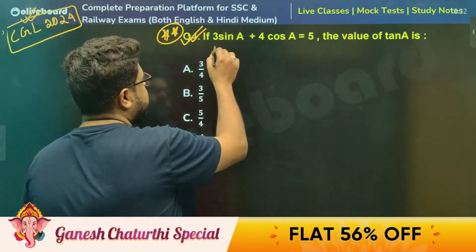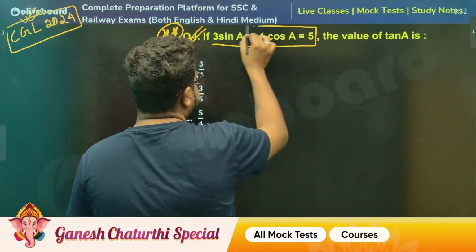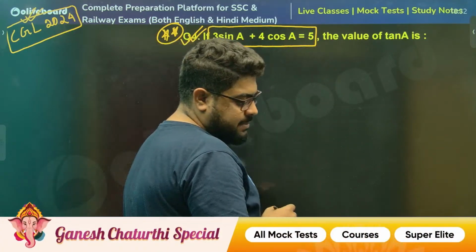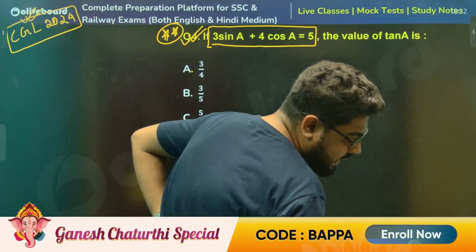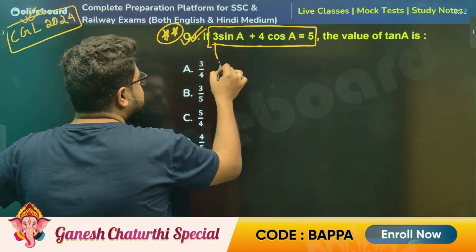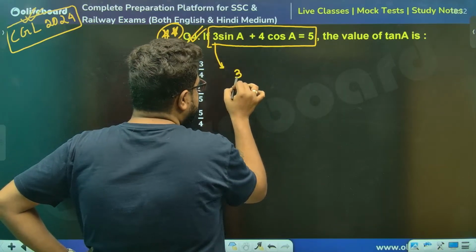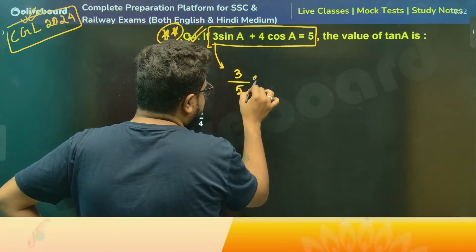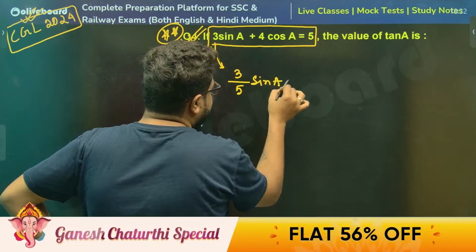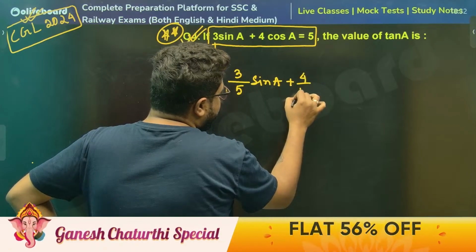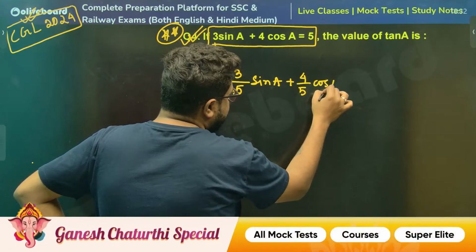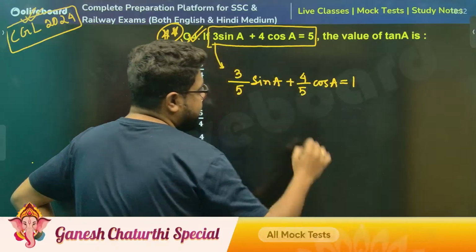You see here. What if something like this is given? Sir, the best way that I feel you can do: bring the 5 to this side. So it will become 3 by 5 into sine A plus 4 by 5 into cos A, equal to 1.